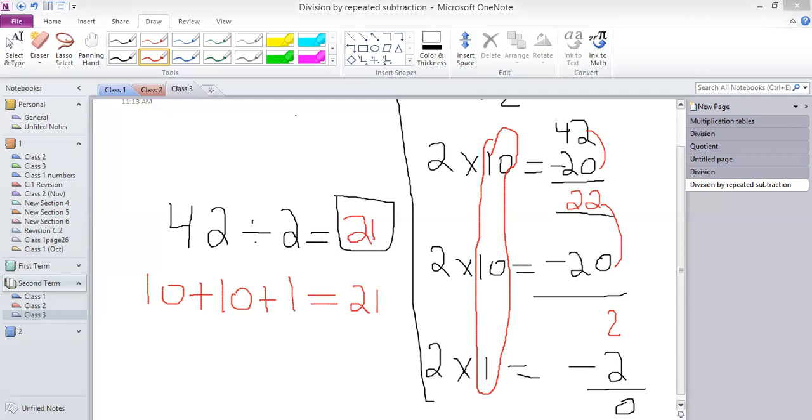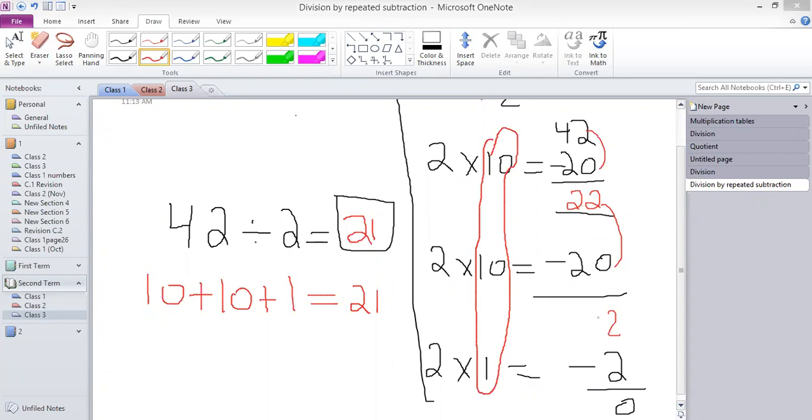Good. I again repeat, guys, whatever number you are dividing, you will start by multiplying the number with 10, and subtract it from the total. After that, whatever number you get, check. If it is possible to multiply by 10 again, then go for multiplying again.